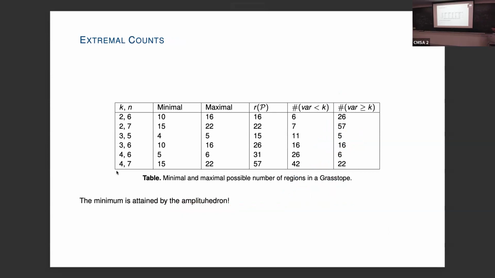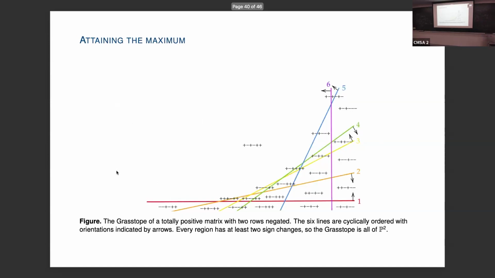All right, so here's an example of attaining the maximum. Here, this is k equals 2, n equals 6, so we have 6 lines, and we start with a cyclic arrangement. But now, all we do, we don't reorder anything, so it's still 1, 2, 3, 4, 5, 6, but we just switch the 2 and the 4 to face in the opposite direction.